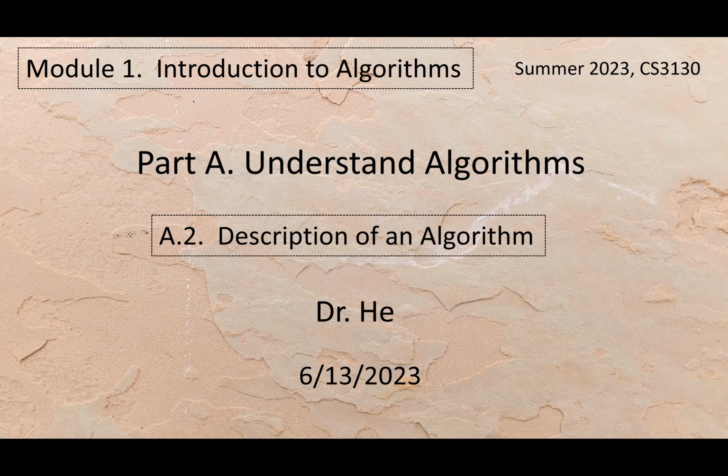But in 8.2, after we have a solution, we need to implement it. We need to write a program to implement our algorithm. So we look at that topic, description of an algorithm.